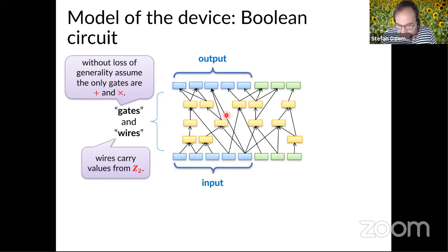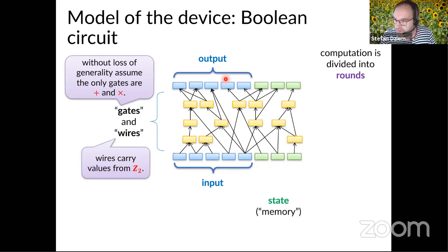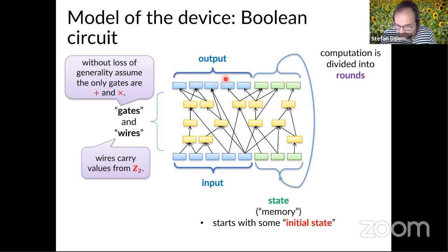The circuit has input and output, and since we want to model continuous computation divided into rounds, we'll also have a state memory, which will be used as follows. It starts with some initial state, then the circuit is evaluated, some output is produced, and then the old state gets replaced with the new state. Okay? So it's quite a simple model. You can think of a state as a cryptographic key or something like this. So it can even stay the same, for example, but can also evolve.